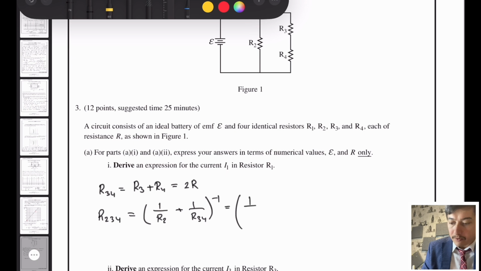Let's put in the numbers. 1 over R plus 1 over 2R is 3 over 2R. So it's going to be 2R over 3.